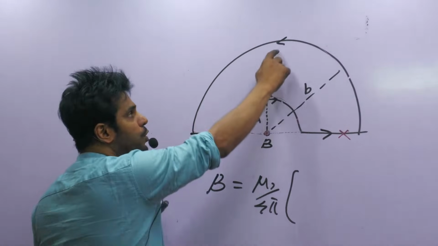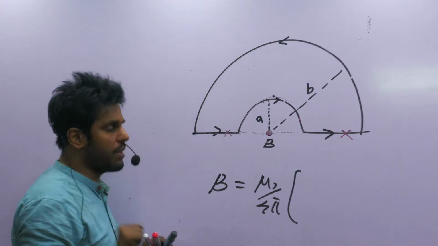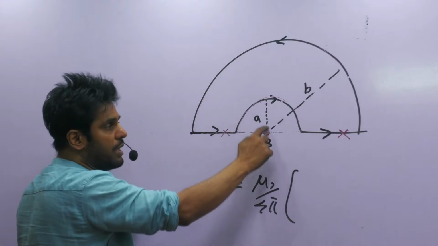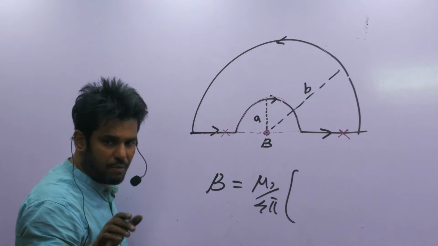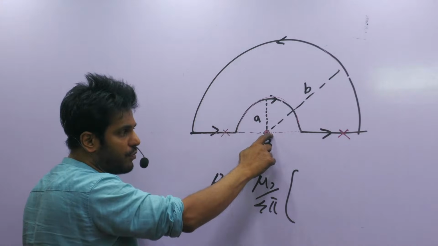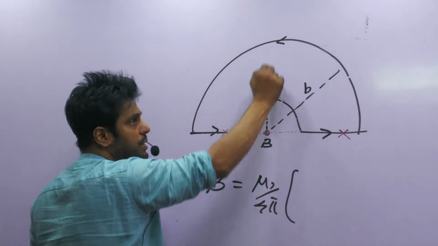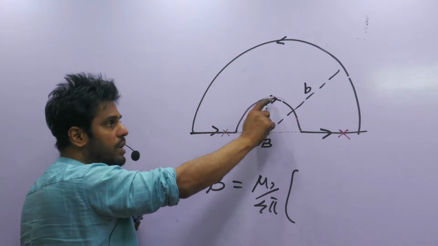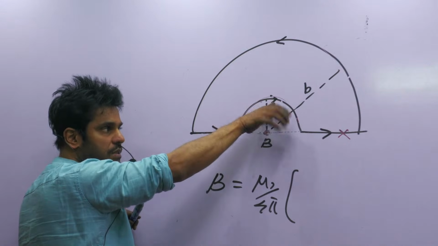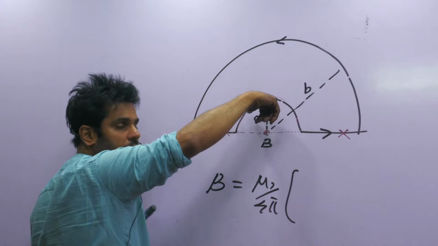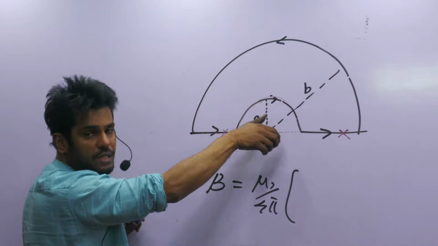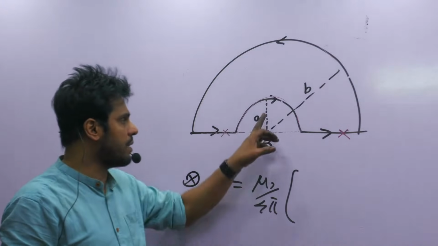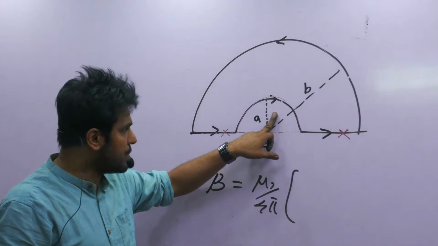When you have two opposite direction current wires, always the direction takes the near wire's magnetic field. Now you can see these two currents make magnetic field at center, but the near wire makes cross. Outer wire makes dot, but near wire makes the larger one. So direction is cross.